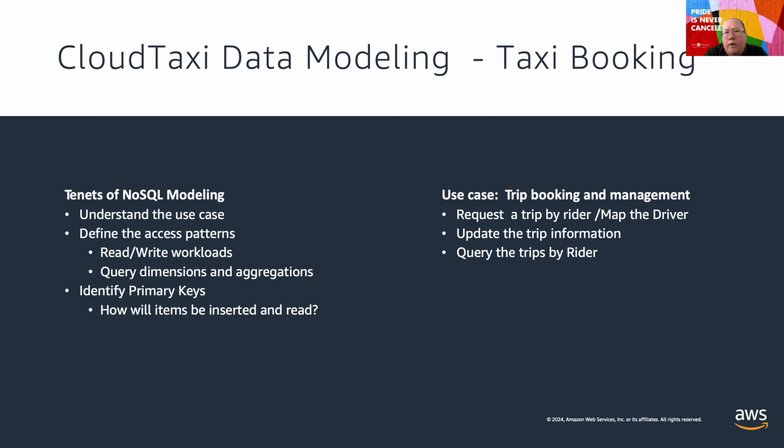And how do you query the trips by the rider, like what's happening and where is the driver, seeing the real-time updates. And of course, the driver too. How do you query those trips by the driver, understanding where the rider is, for example, the location, where do I find them?